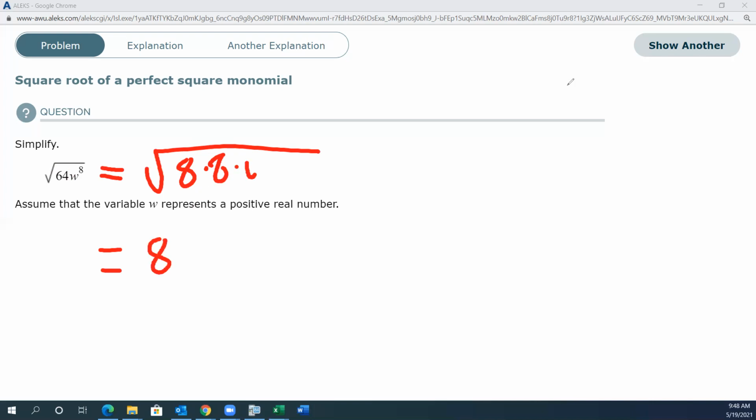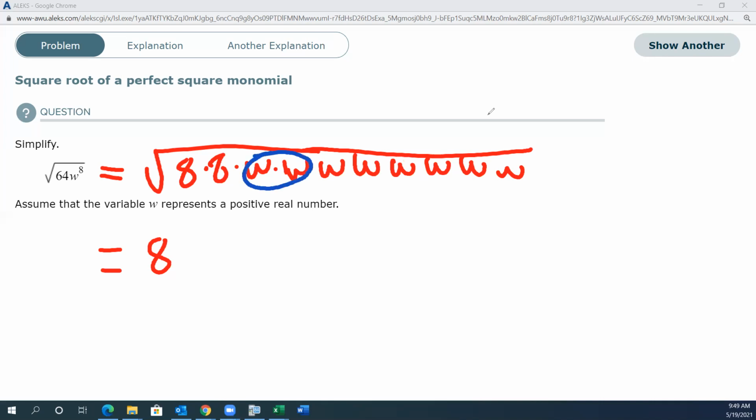Now, I also have 8 w's. 4, 5, 6, 7, 8. Hopefully you'll get the hang of this quickly so you don't have to write this out every time. By the same token, here's a pair of w's, so I get that. Here's another pair of w's, so I can do that.